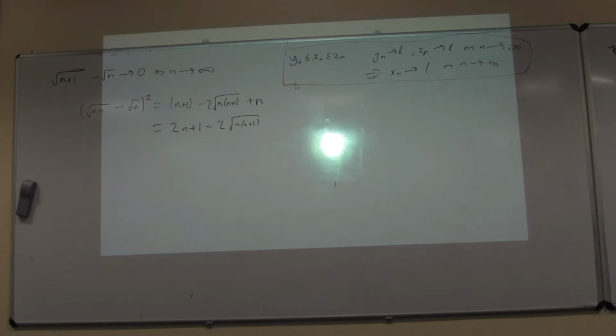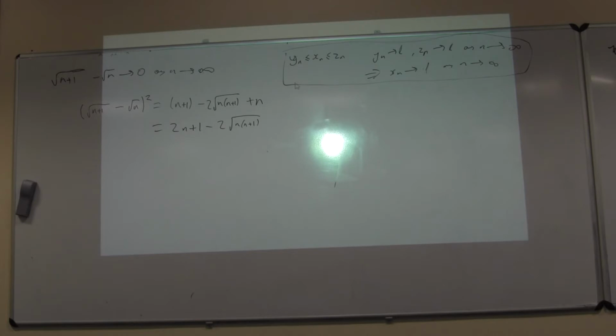I think they divided. No, the bottom's staying the same. All we've done is multiplied out the brackets like we did. So they have the 2n plus 1. Well, that's a typo, isn't it?